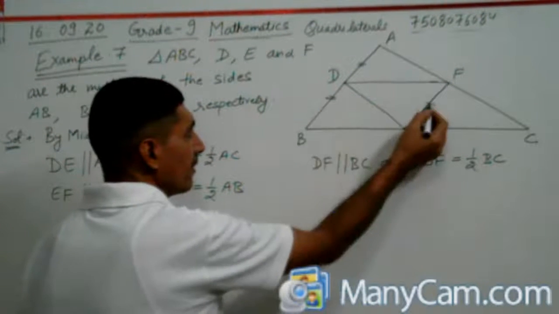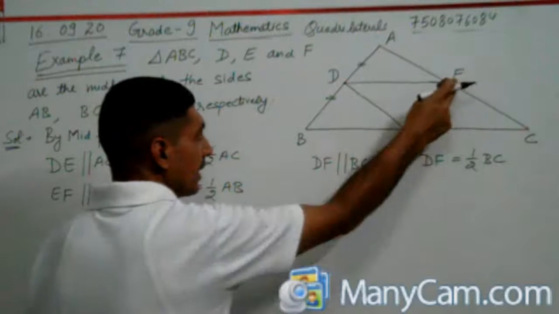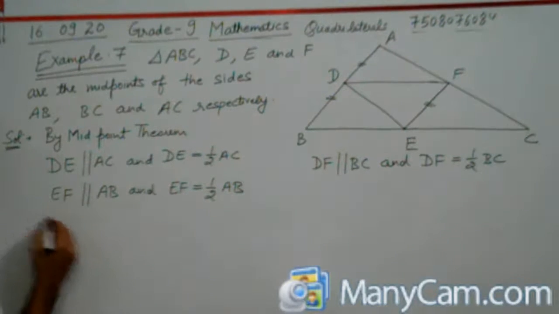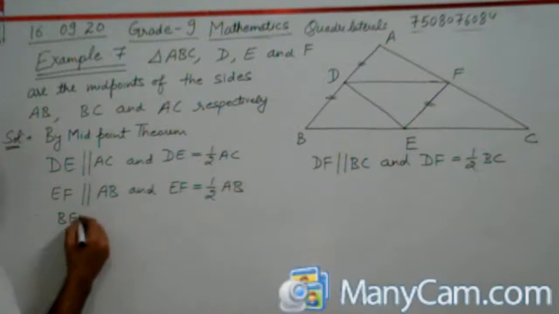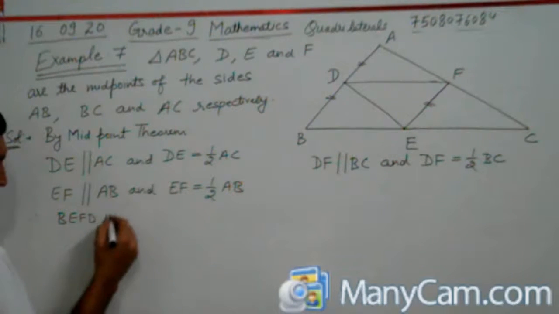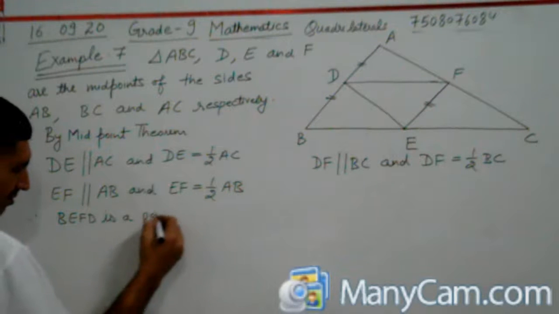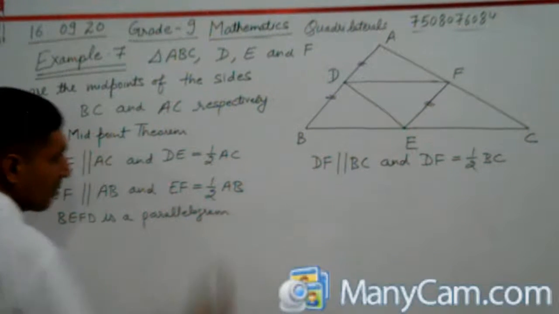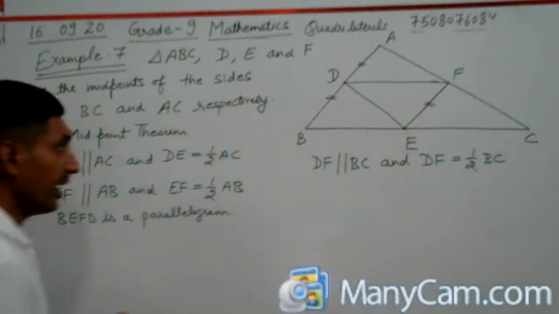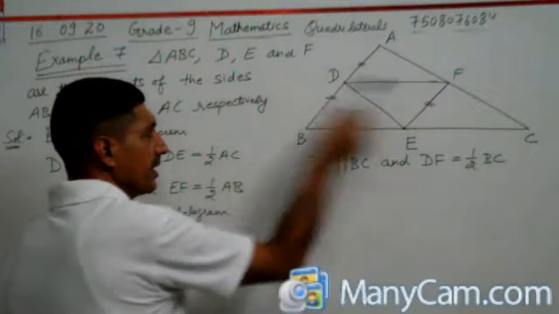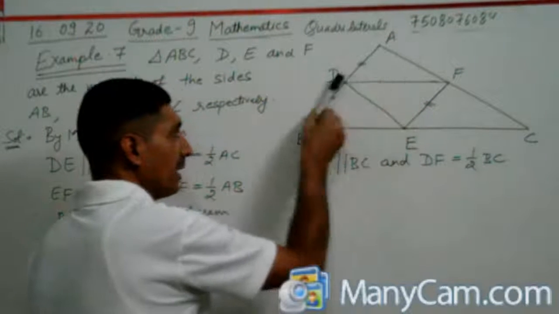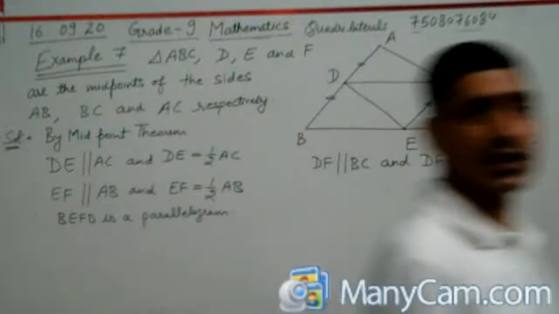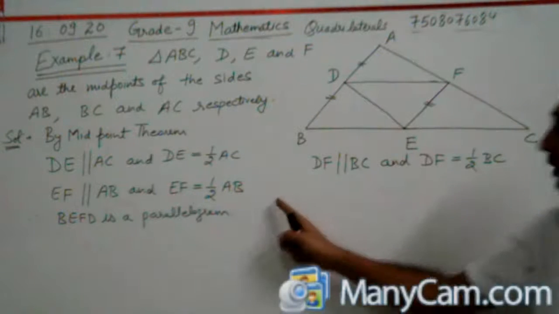We have B, E, F, D. This side is half of it, and this is also half of it. So BEFD is a parallelogram. Why is it a parallelogram? Look here, BD is equal to EF and BD is parallel to EF.